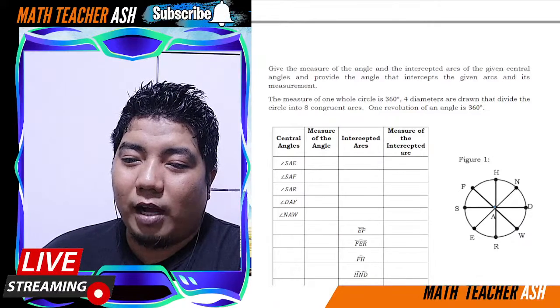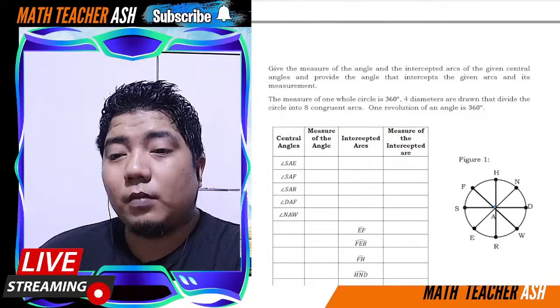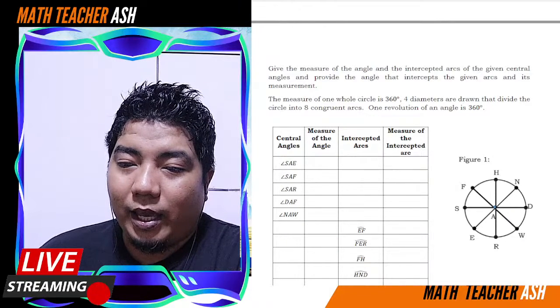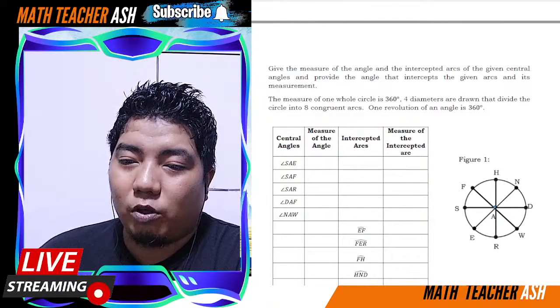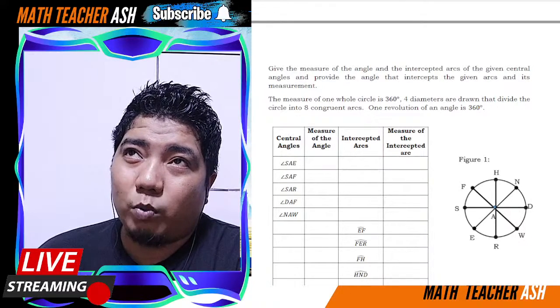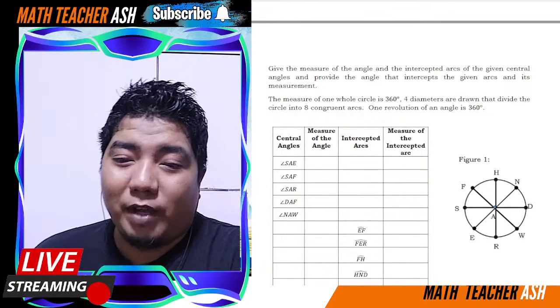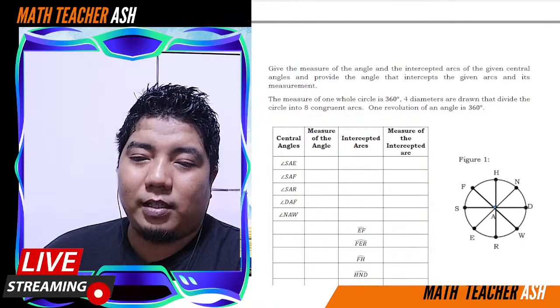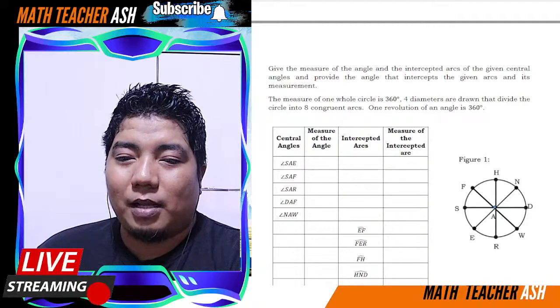So, therefore, ang ano nito is 90 degrees. Alright, so DAF naman. Okay, so tatlong 45. So, ilan yan? 90 plus 45, that would give us 135. Alright. Then NAW, so dalawa lang yan. So 90 degrees ito. So ganyan lang kadali, my dear math learners.